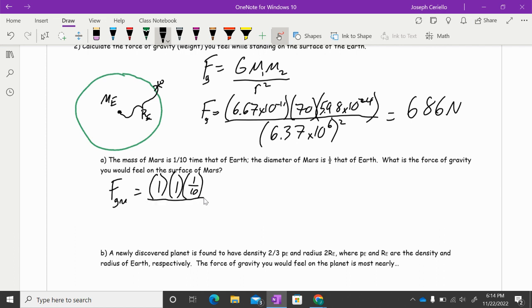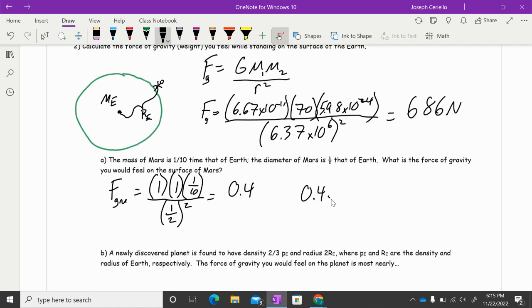Over r squared. Now, is the radius changing? Well, the diameter is changing, and the diameter is linearly proportional to radius. So if the diameter is half, the radius is half. So that's half as big. Don't forget to square that. So what you end up getting here is 0.4. So it's 0.4 times the original force of gravity.